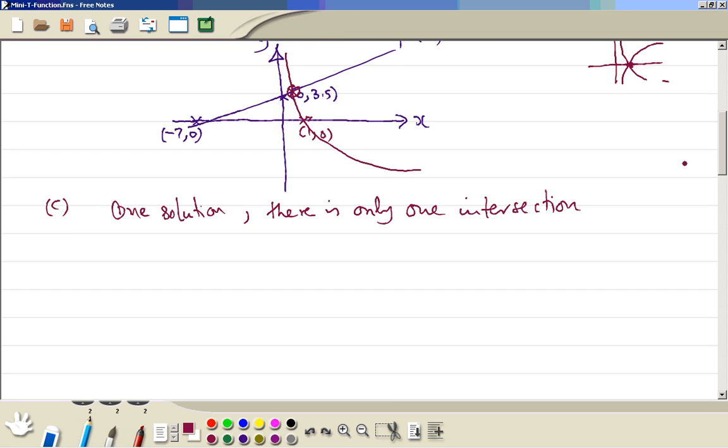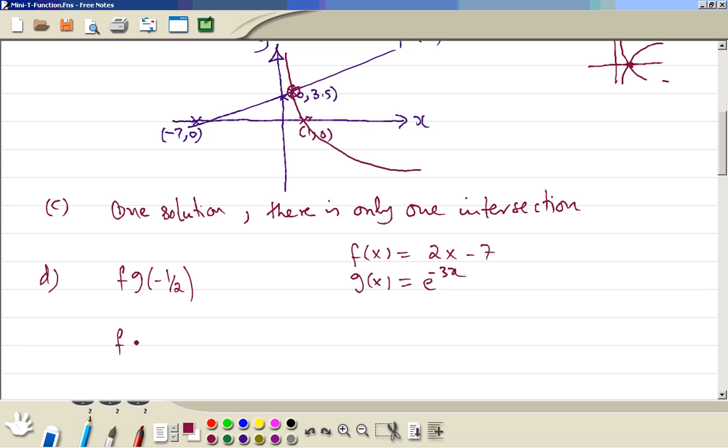Now D, we have to work out fg of minus half. So f is 2x minus 7, g is e to the power minus 3x.